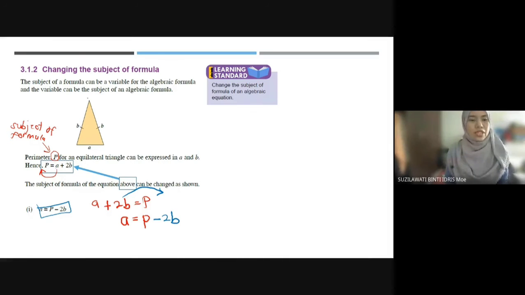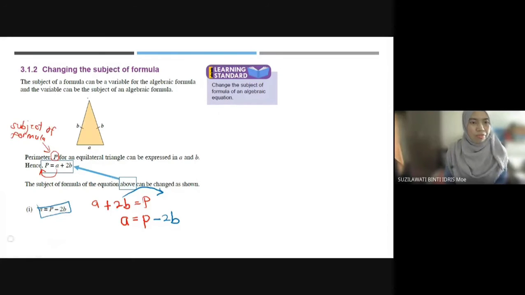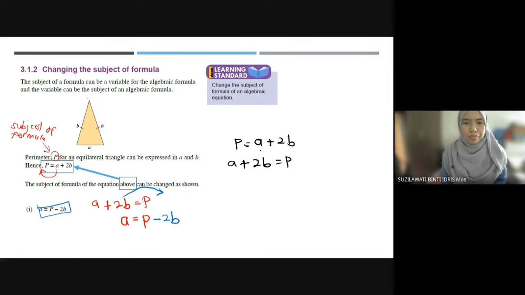Okay, if you see this one, mana pen saya? Saya guna black pen. P, this is the question, A plus 2B. This is subject of formula P. Now I want B to be the subject of formula. So I write A plus 2B equal P. I want to put B on the left to be subject of the formula.